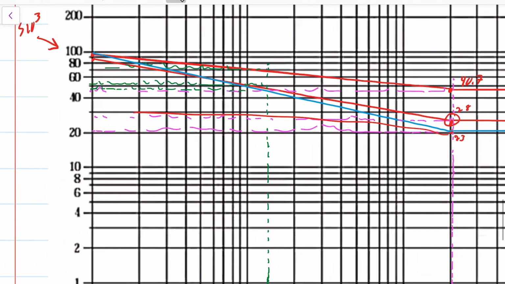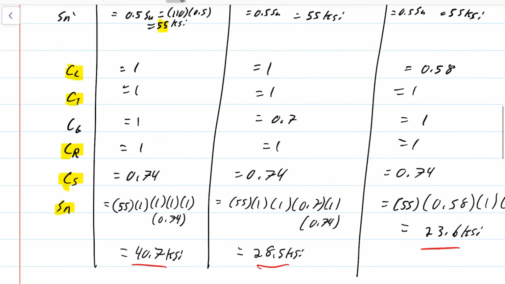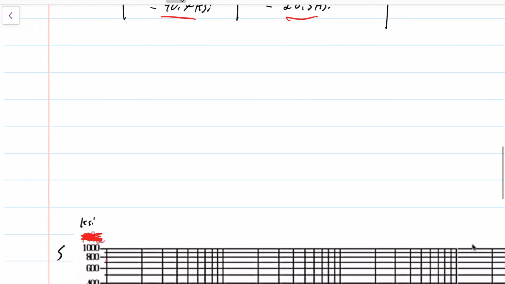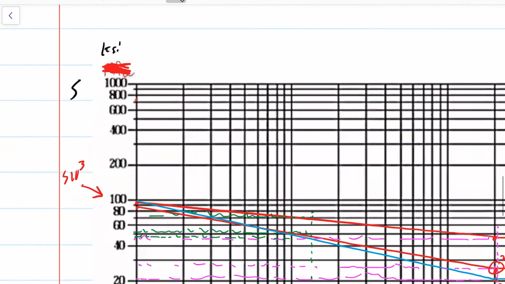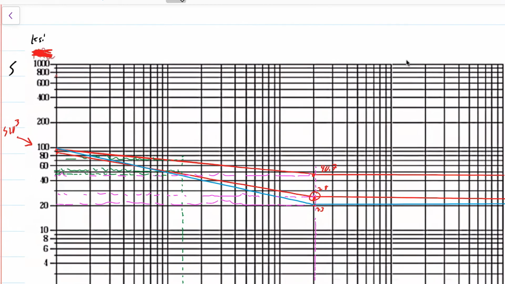For the second one, we do the same thing with 28.5. It's right here, if we look all the way across. Then you draw your lines, because we know that the S 10 to the 3 value is 82.5, which is right here.